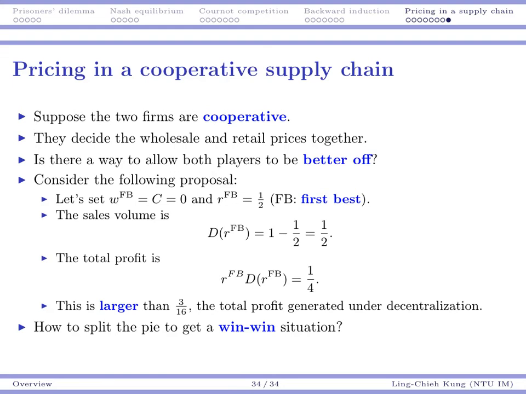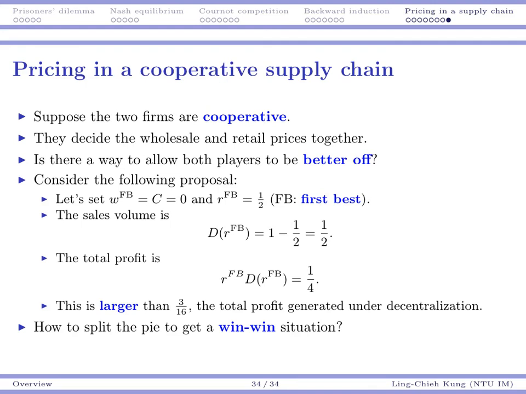But here, keep in mind, this is what a single firm or the two cooperating firms will do. And more importantly, this number is greater than 3/16, right? So again, decentralization creates some kind of inefficiency in this supply chain. When the two firms do not cooperate, they earn less. They are making inefficient decisions.